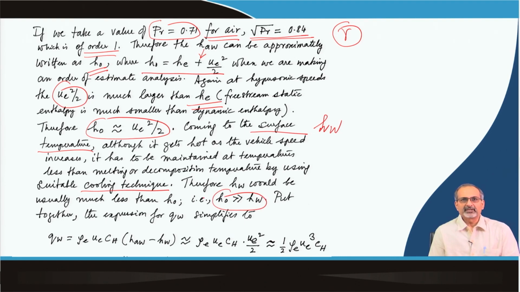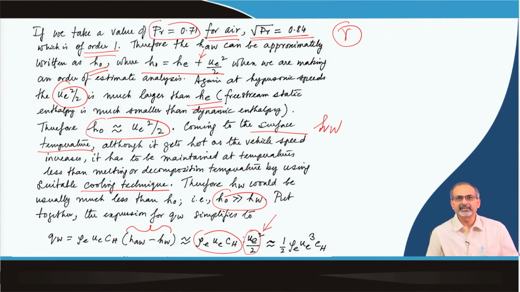Put together, the expression for QW would therefore simplify. How would it simplify? Well, this part remains intact, but you have a much simplified representation for the enthalpy difference, which can approximately be represented as UE square by 2.